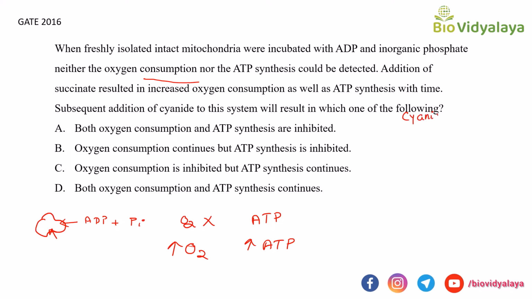We know that cyanide is an inhibitor of electron transport chain that will inhibit transport of electrons from complex 4 to oxygen. Oxygen is the final electron acceptor. Okay.